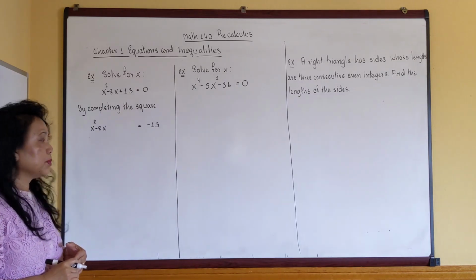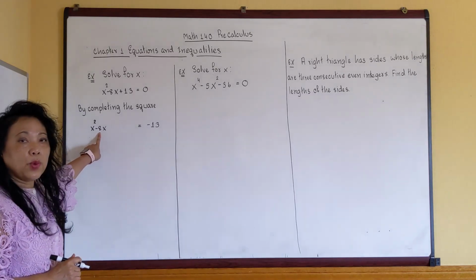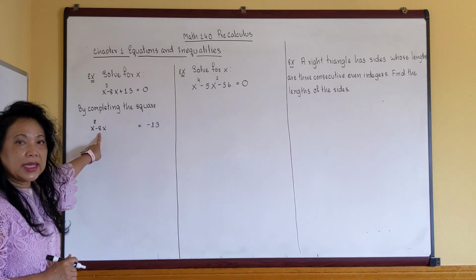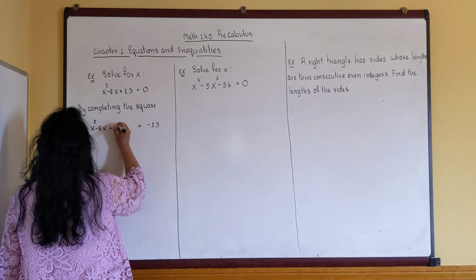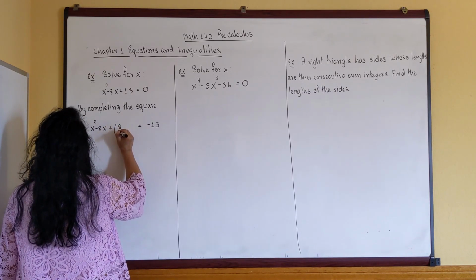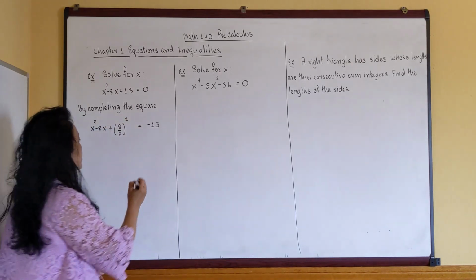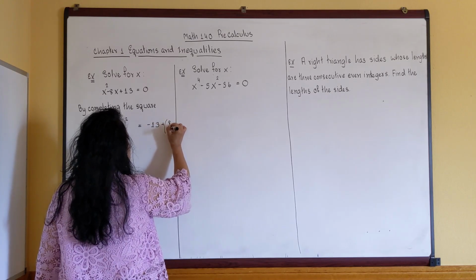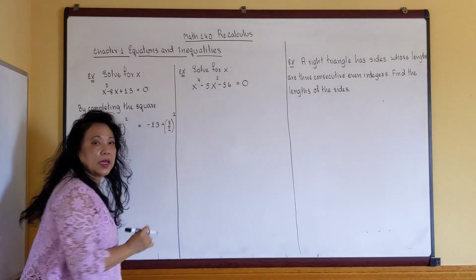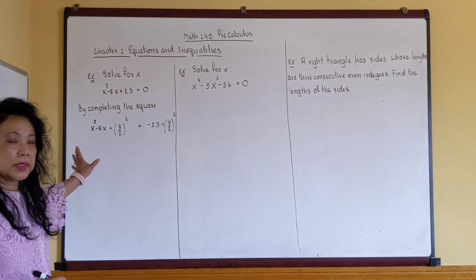The way you do completing the square, you take the coefficient of x, divide by 2, square it, and add it to both sides. So I'm going to do plus 8 over 2 squared, then you add to both sides. From here, it's forced to be a perfect square.